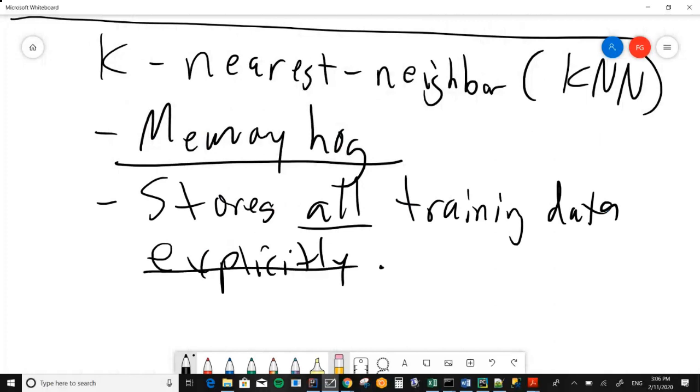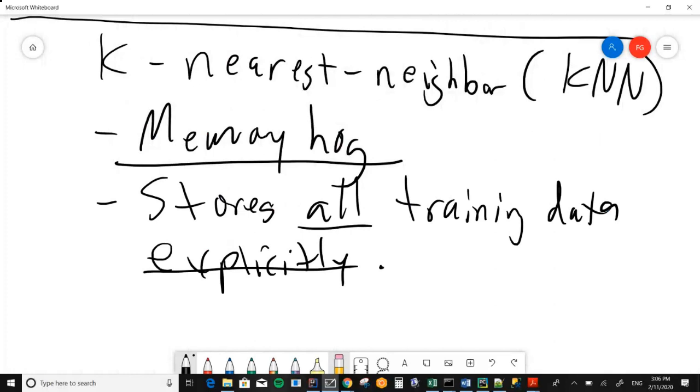So the data structure for K nearest neighbor is basically a big giant array containing all of the labeled data. Okay, well, that doesn't seem terribly sophisticated. How do we get something out of it, right?